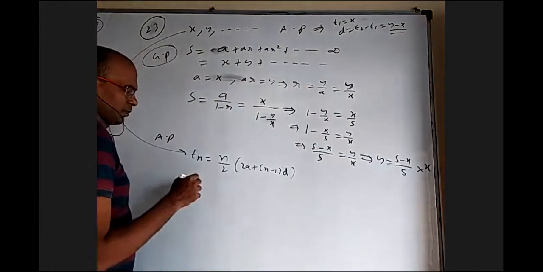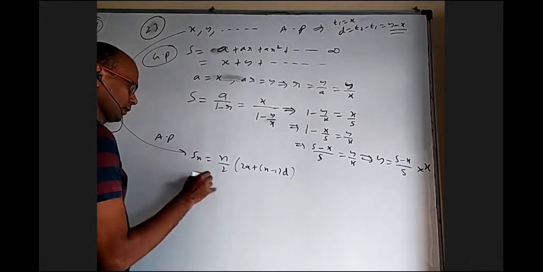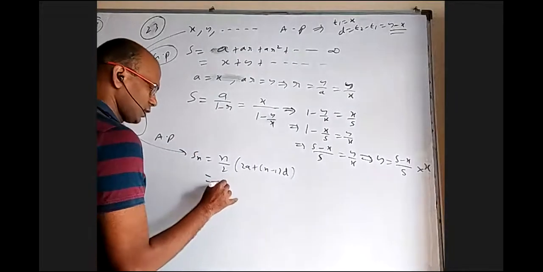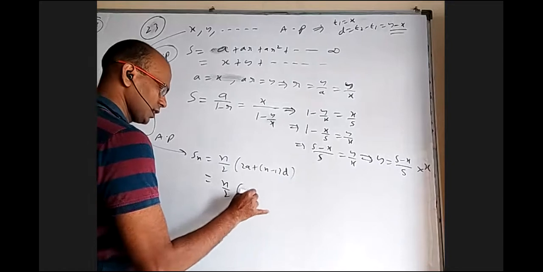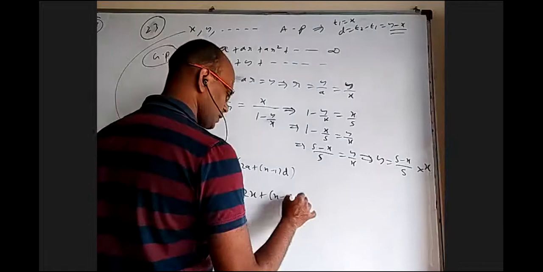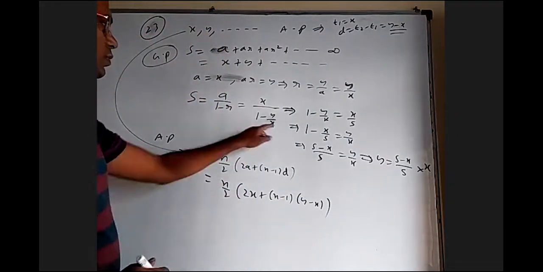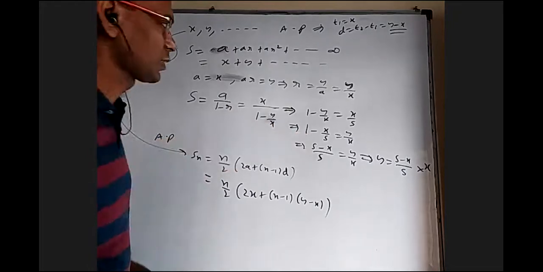They want the sum of n terms. n is n only, a is x, and n minus 1 into the common difference, which is y minus x. So I have to find what y minus x is. I think I should not have simplified it this way here.